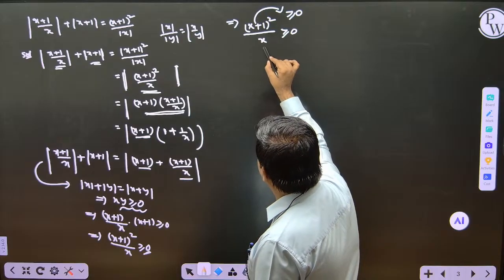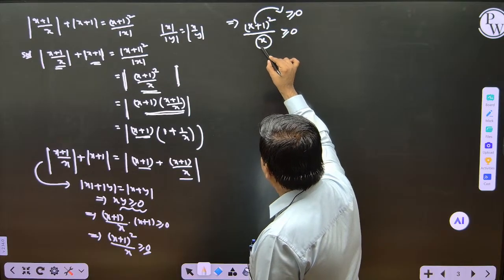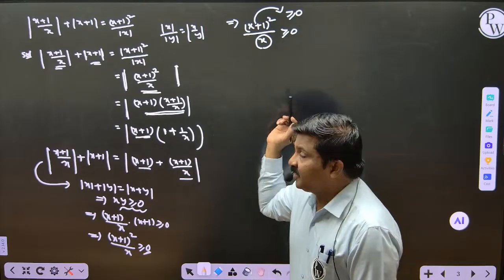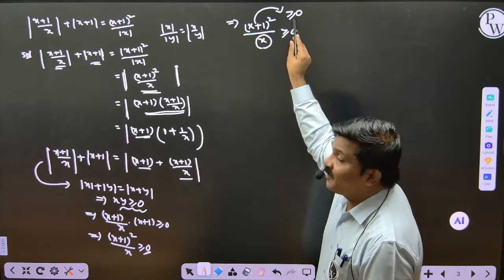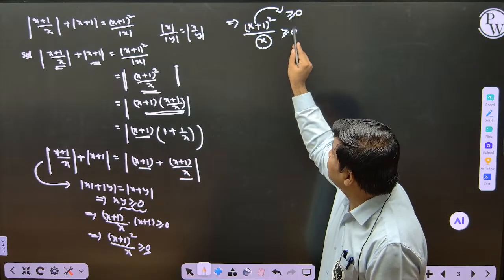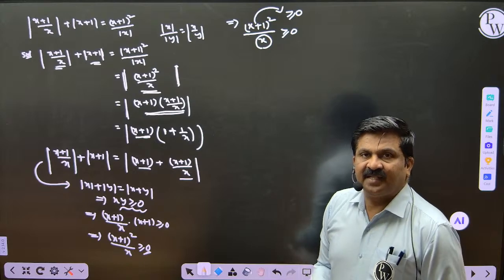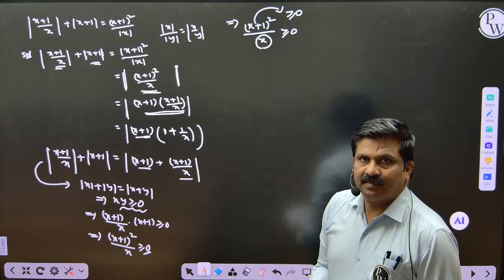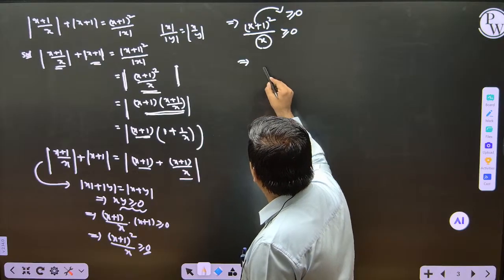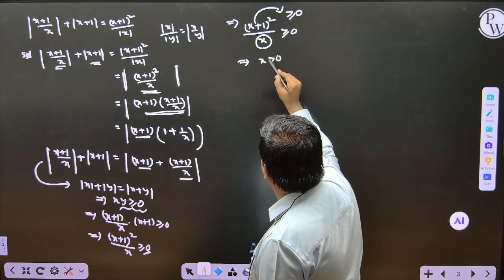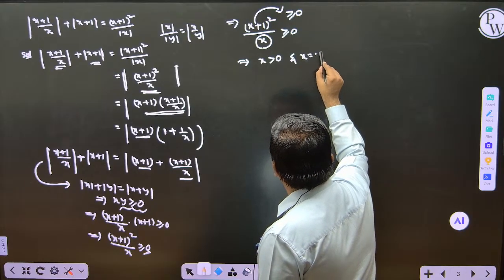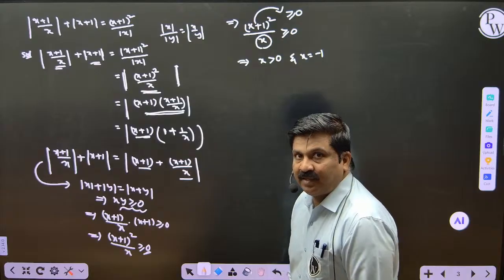But the problem is what? The denominator. If the denominator is negative, it becomes less than or equal to 0. If the denominator is positive, certainly it becomes greater than or equal to 0. So that implies what here? x should be greater than 0, and x is also equal to minus 1, or not? Why?